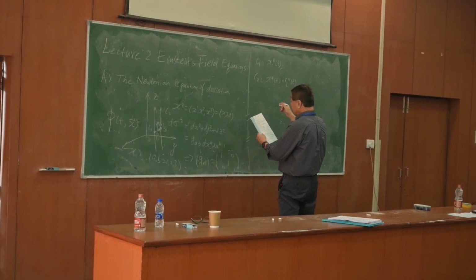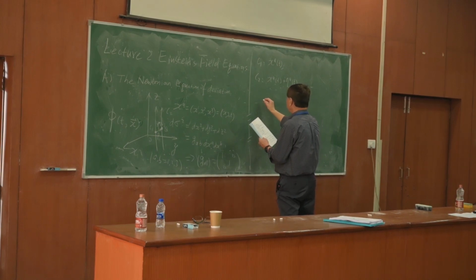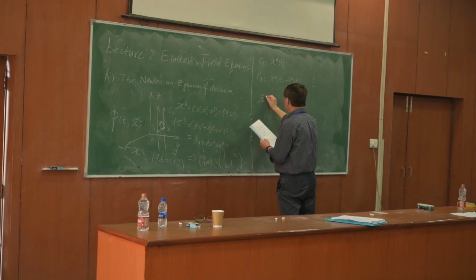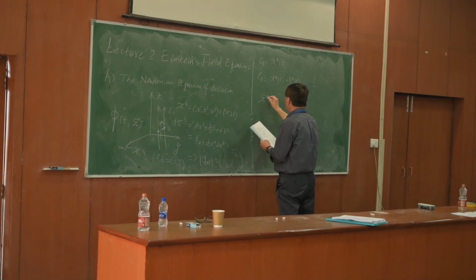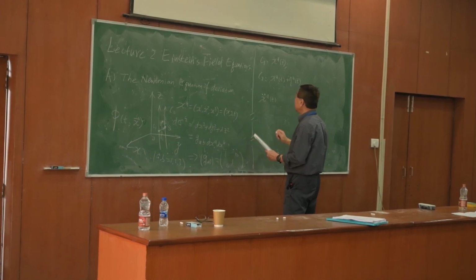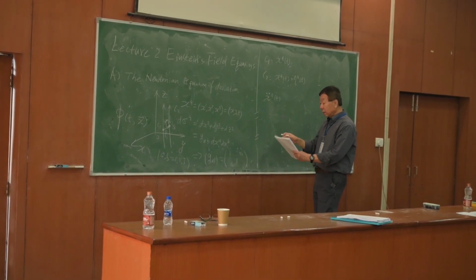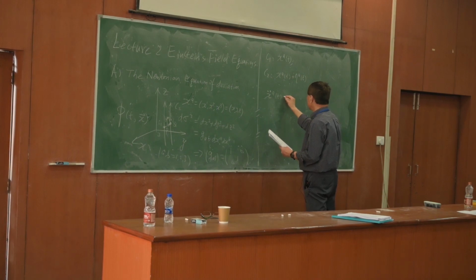Then you can see, according to Newtonian gravity, we have x double dot^a(t). Dot means dx/dt, so I use double dot to mean the second derivative. This equals the acceleration.